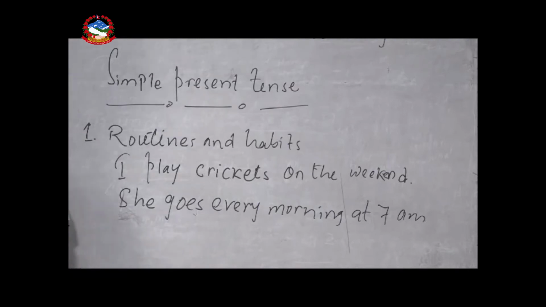She goes every morning at 7. It means it is the habit. It is her habit. So we use simple present tense here: she goes every morning at 7. The time is 7. It is her habit to go every day.